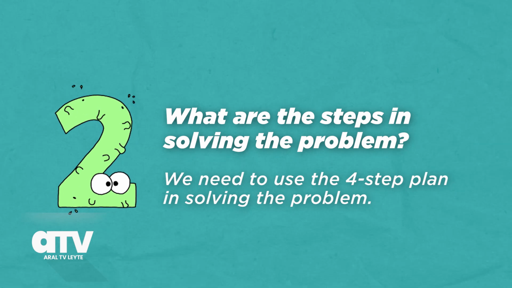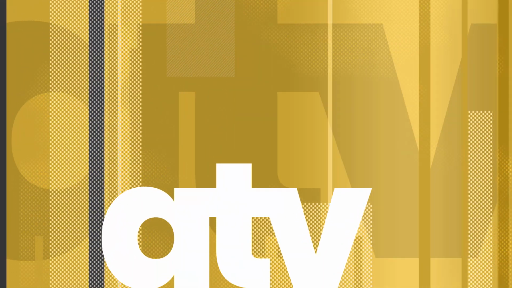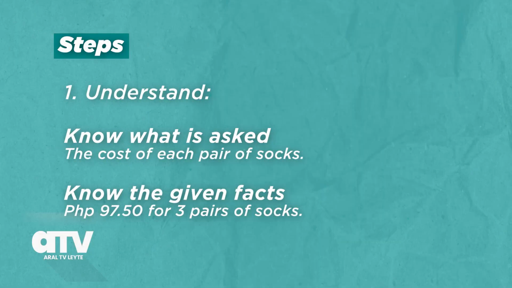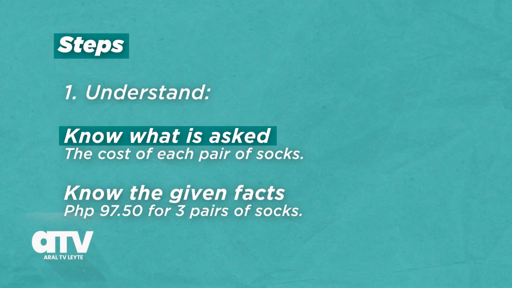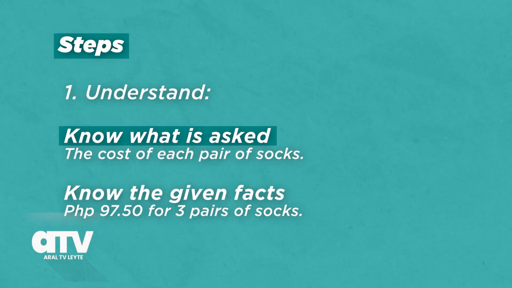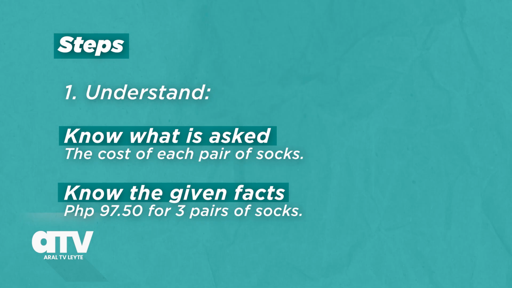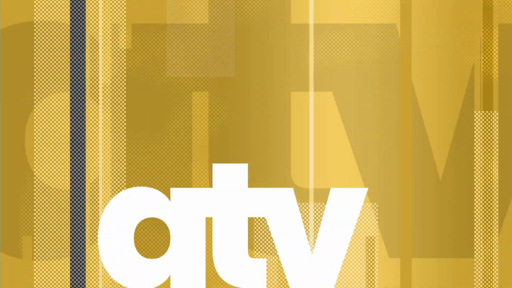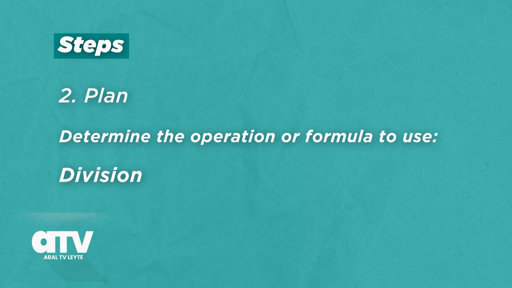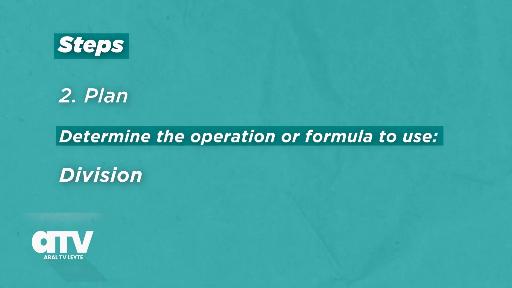The 4-step plan in solving the problem are: Number 1. Understand. Know what is asked. The cost of each pair of socks. Know the given facts. 97 pesos and 50 centavos for 3 pairs of socks. 2. Plan. Determine the operation or formula to use. Division.